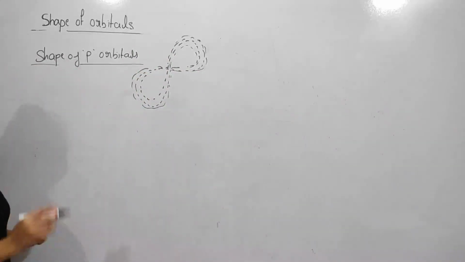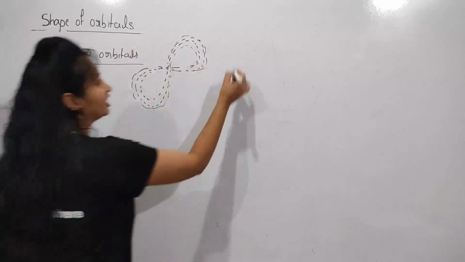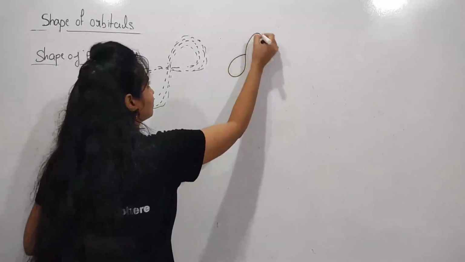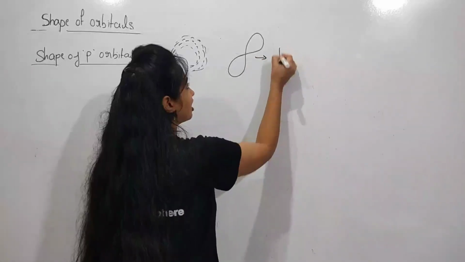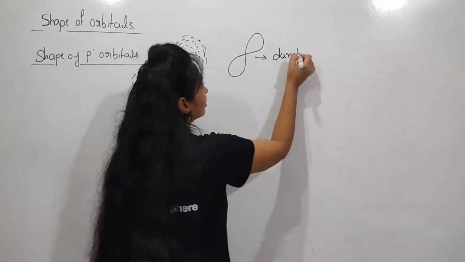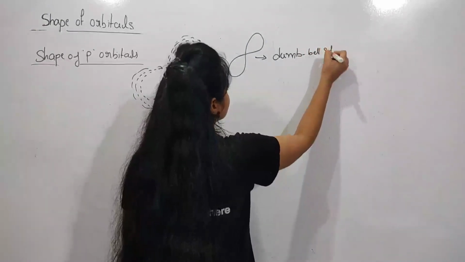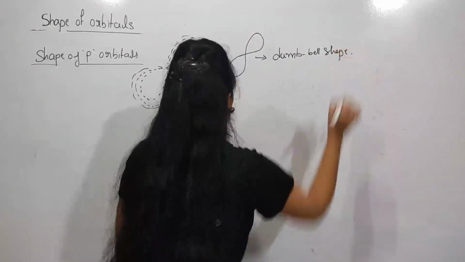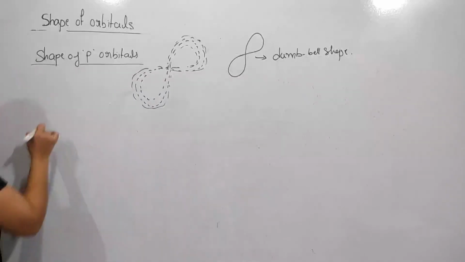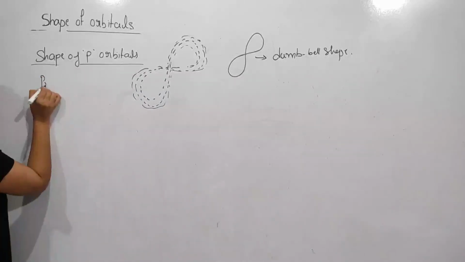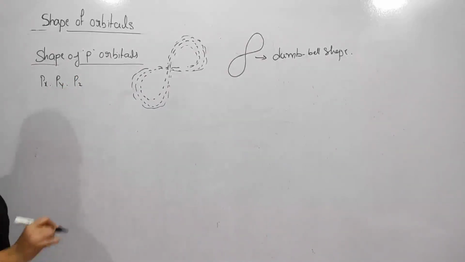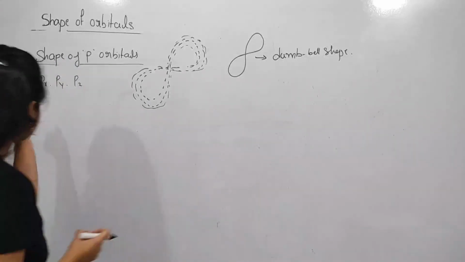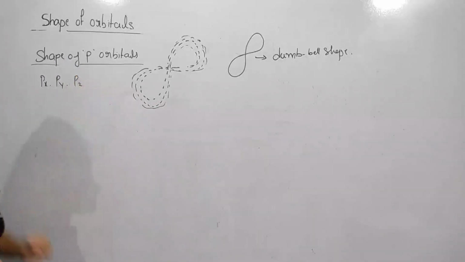So the shape of the p orbital is dumbbell shape. Totally we have 3 p orbitals, the px orbital, py orbital and pz orbital, meaning the p orbitals lie along the x-axis, y-axis and z-axis.